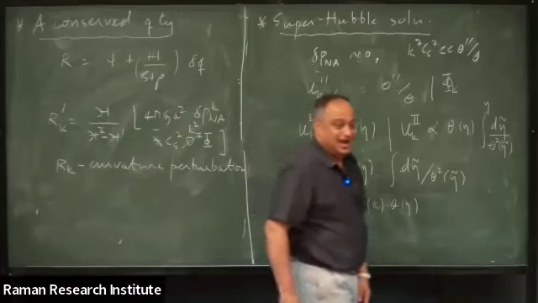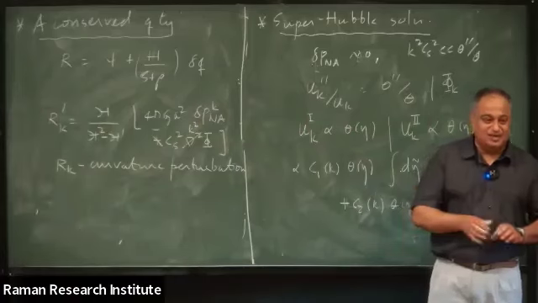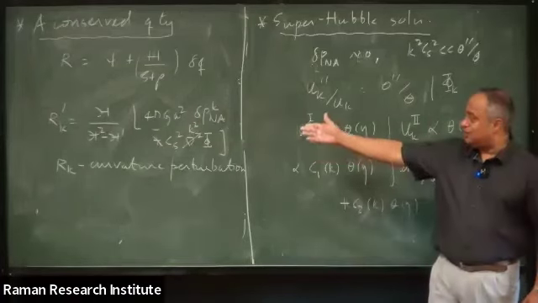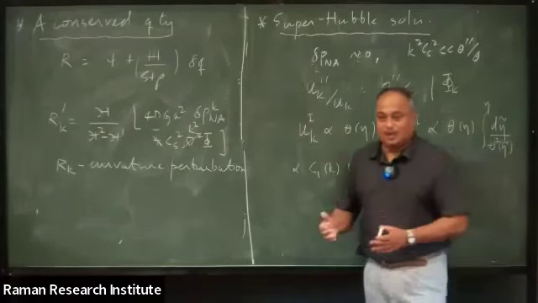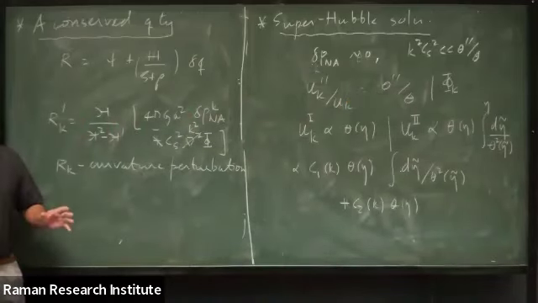Again, I would urge you to show that. Take the original metric, calculate the curvature associated with the 3-metric, and show it is proportional to the R that is defined here. And for this reason, it's always referred to as the curvature perturbation.